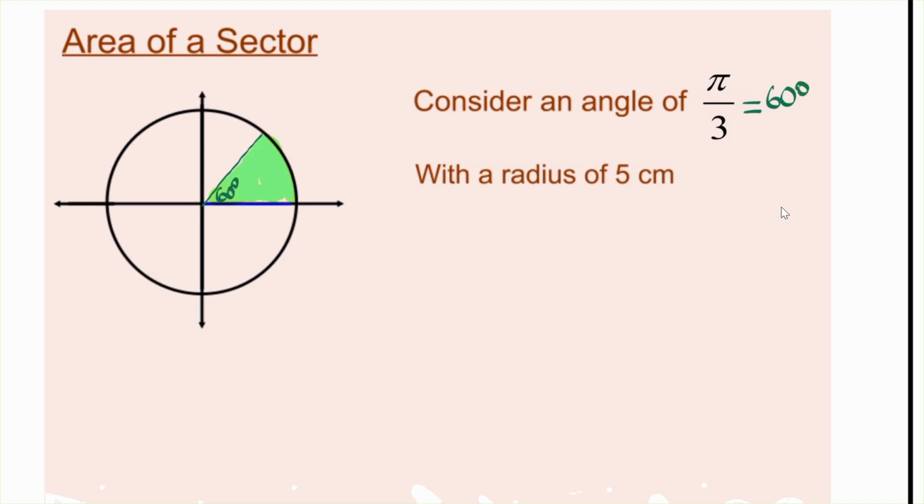If I don't have a formula in front of me, I can just do some logic to figure it out. I know the area of the whole circle is pi times the radius squared, so the whole area is 25 pi. Now I have to consider what fraction of the circle I am considering.